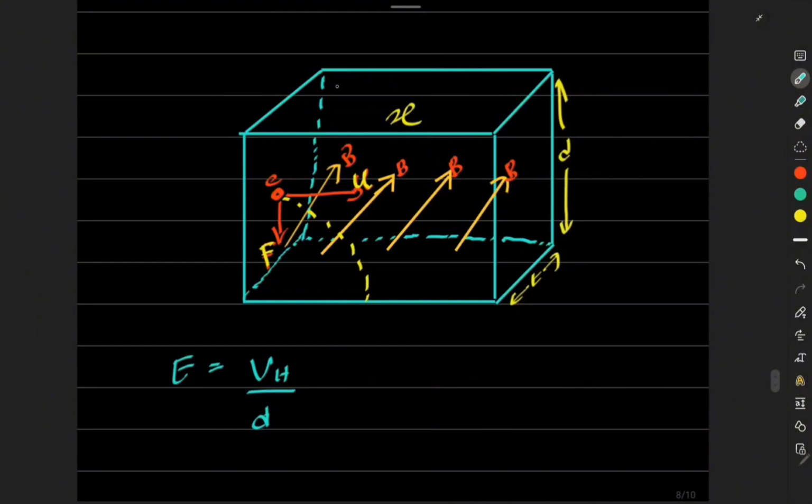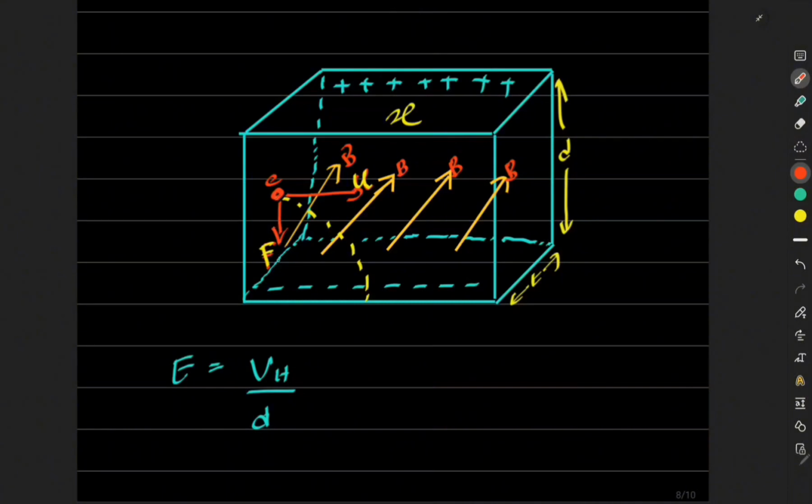The top part will be positively charged, and sorry, the bottom part will be negatively charged. This is the height D and the thickness T, and B is the magnetic field intensity, perpendicular to the lower surface, and this is the electron e moving with the velocity v.